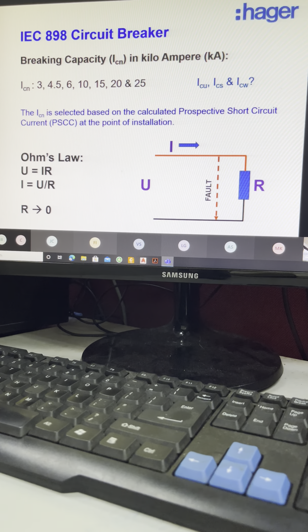Then ICW is only applicable if you need to do discrimination between the upstream and downstream breaker with delay.